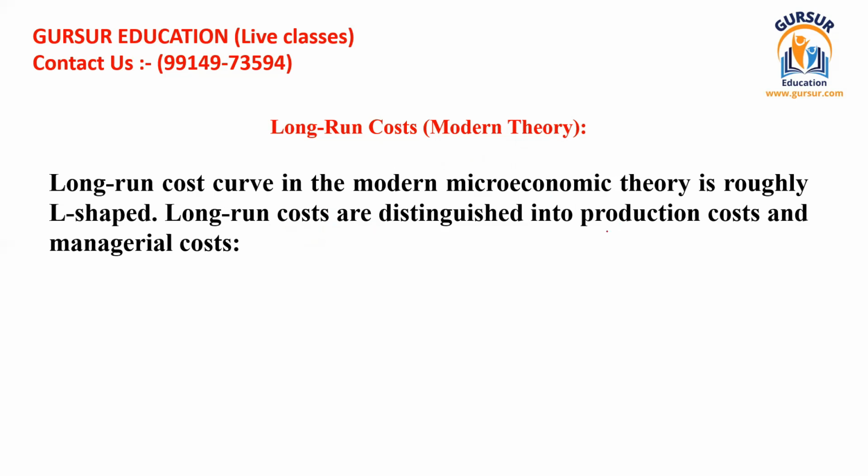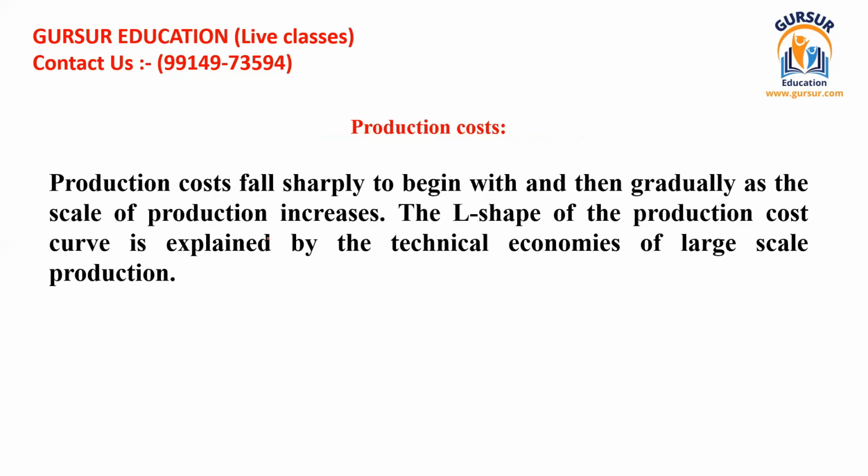But only two things we have to remember, that the long run cost curves can be divided into two parts. The first is production cost and the second is managerial cost. What is production cost? Production costs fall sharply to begin with, and then gradually, as the scale of production increases. So whenever you increase your production, these costs start falling sharply. And why does this happen?